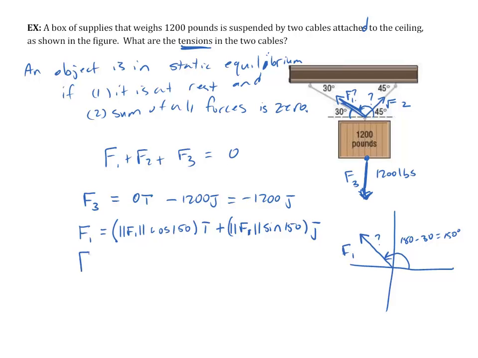And similarly, we can do the same thing for F2, because F2 is going off in this direction, and we know for F2, this angle right here is 45. It's given right there in the picture.